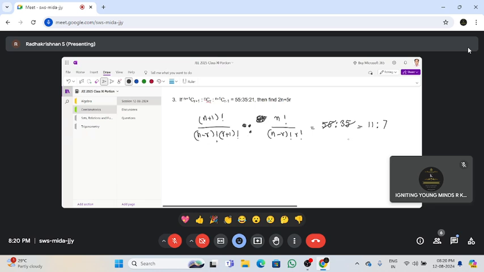So this is to this equal to 11 is to 7 means this by this equal to 11 by 7. So let us do a division on both sides. n plus 1 factorial by n minus r factorial r plus 1 factorial divided by, I put in the reciprocal, right?